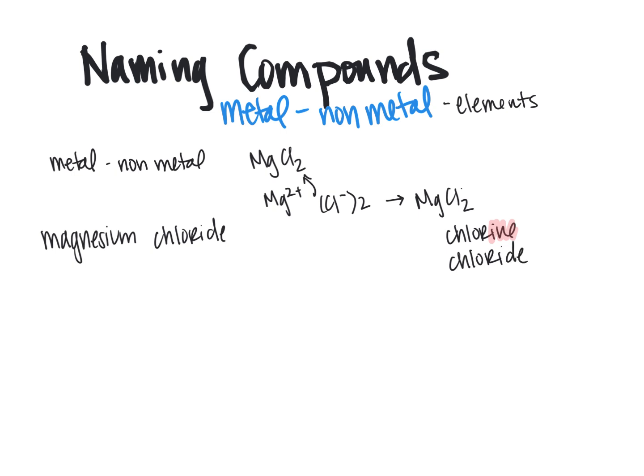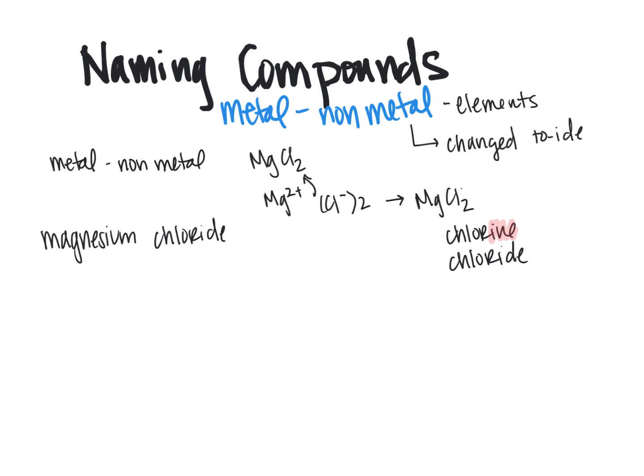The metals keep their regular name, whatever the element is on the periodic table. The non-metals get changed into IDE. So that would be nitride, oxide, sulfide, chloride, bromide.